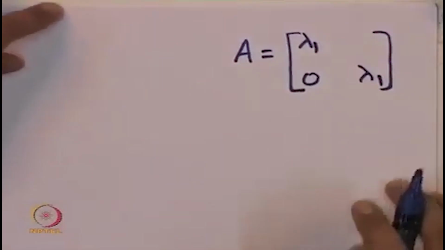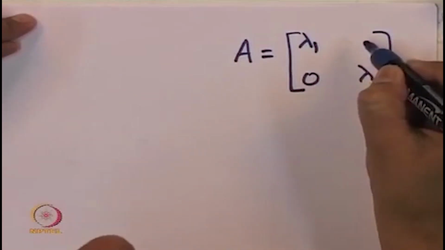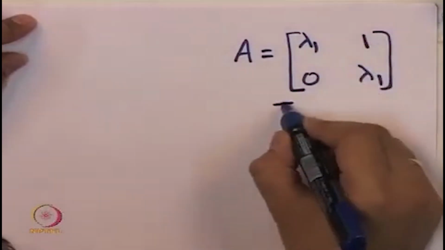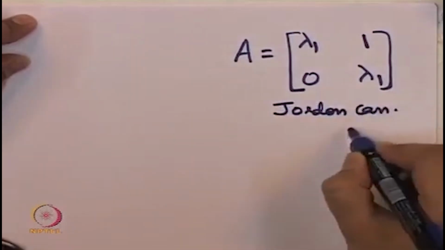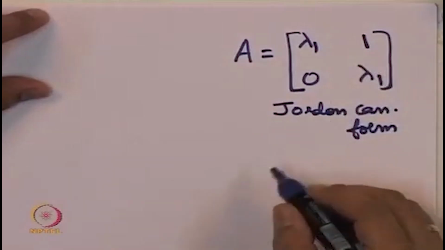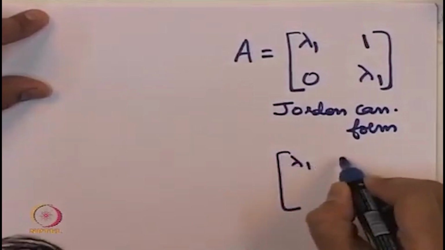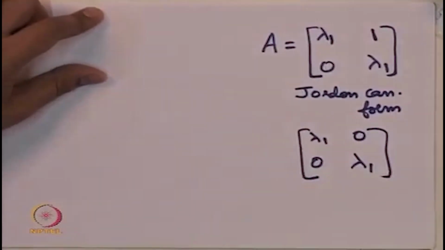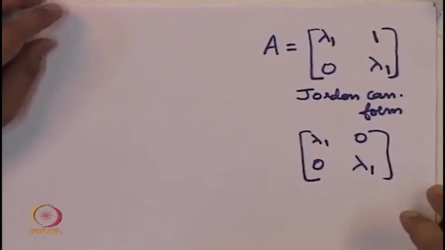If A is diagonalizable, we put a 0 here, and if A is not diagonalizable, then we put a 1. This is called the Jordan canonical form for the case when there are repeated eigenvalues and A is not diagonalizable. We are restricting ourselves to the 2 by 2 case, and this is the Jordan canonical form for the case when the eigenvalues of A are repeated, but A is diagonalizable.